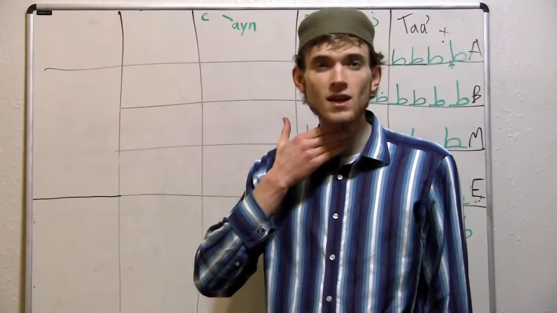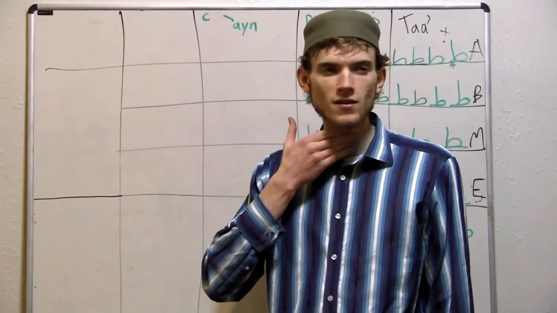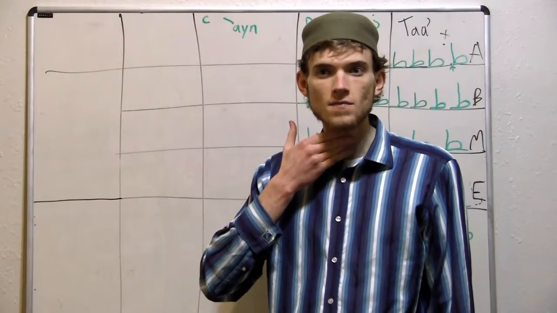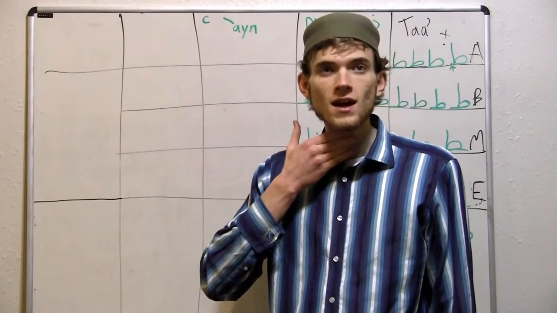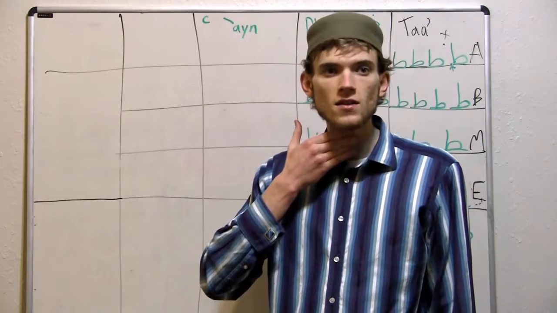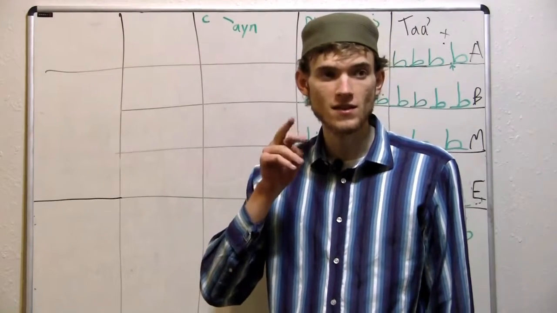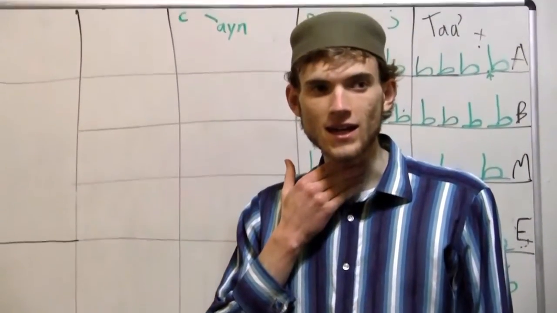Everyone say that again for me. Th, put your hand on your throat, say th, and dh. That's the difference between the tha and the dhal. Similarly, the difference between the ha and the Ayn.